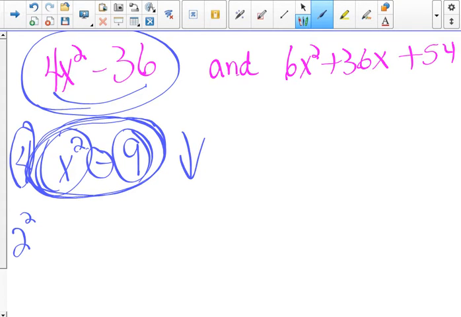And we have a rule from Algebra 1: a squared minus b squared factors to a plus b times a minus b. So it's going to be x plus 3 times x minus 3.